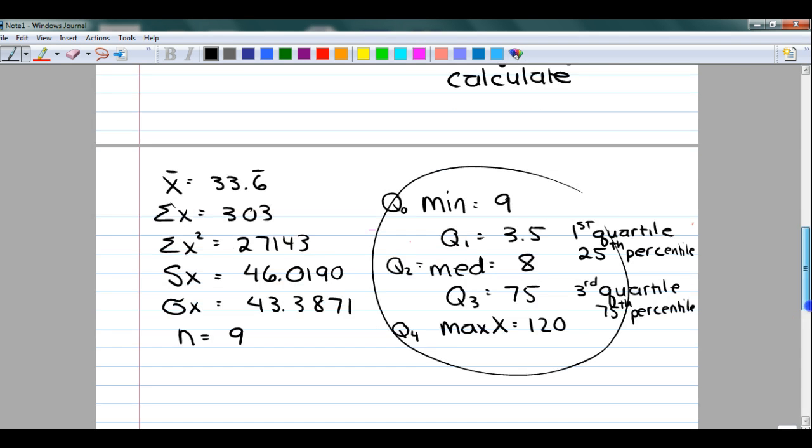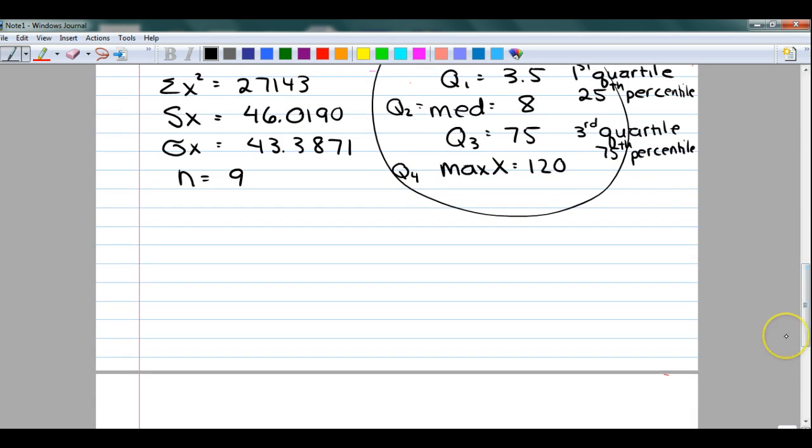But let's look at this list of data we put in. The middle guy is the 8. That's our median, our 50th percentile.